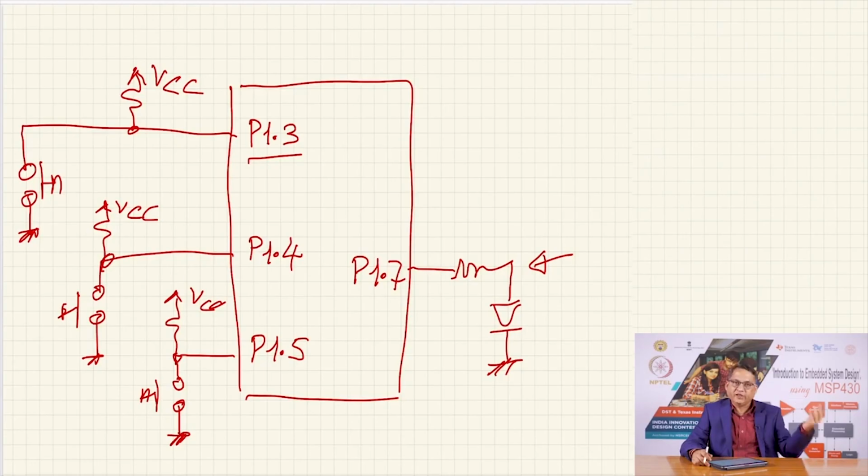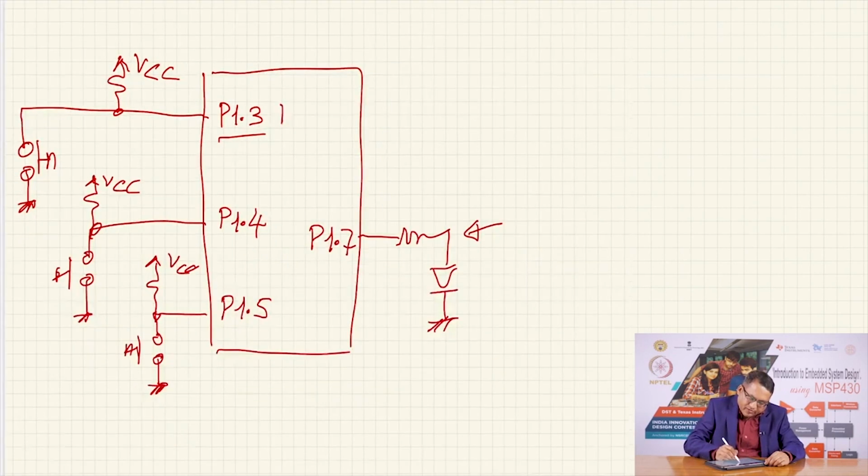Now, if the frequency of operation reduces, you will see that the duration of the on and off increases. So, here at P1.3 you get a 1.5 kilohertz clock, here you get a 3 kilohertz clock, and here you get a 12 kilohertz clock.